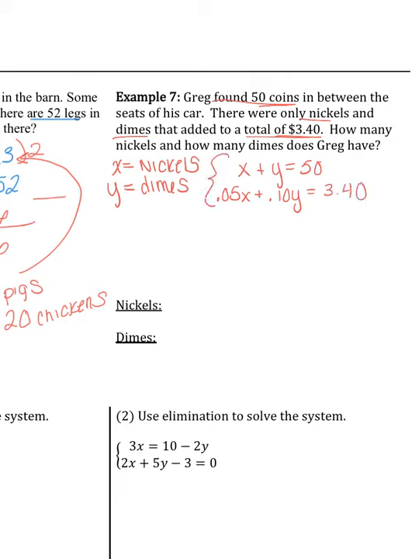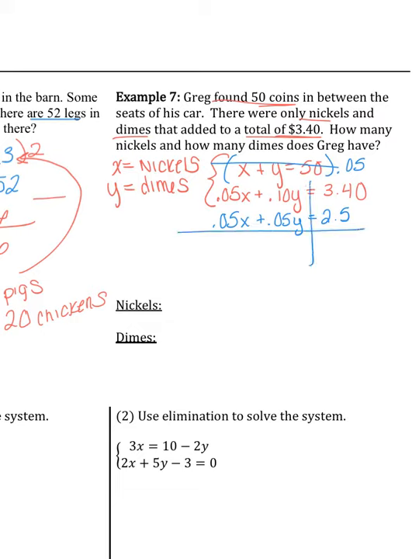So here's my system. And so now I can use elimination. I'll just multiply the top by 0.05. That'll get rid of my X value. So distribute that to everything. And just double check that, okay, so it's not 10. I didn't think that was right. Sorry. Not 10. So 0.05 times 50 is 2.5. All right, so then I'll come back to that, right?